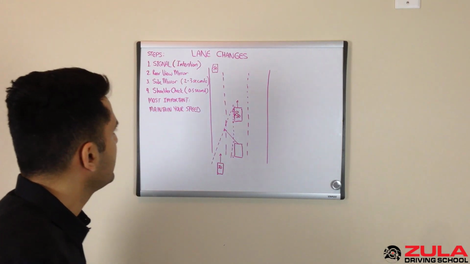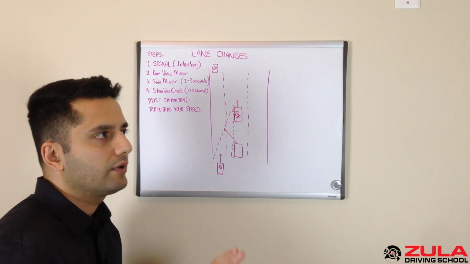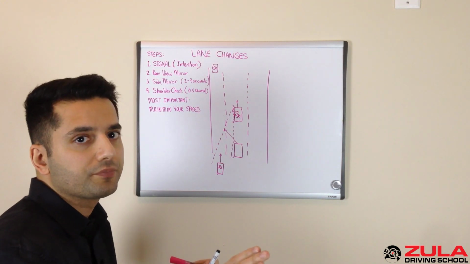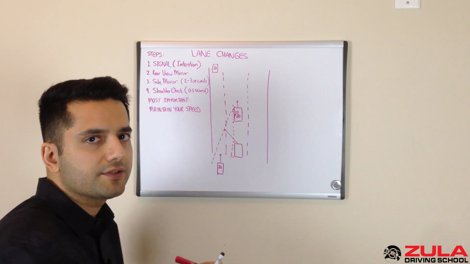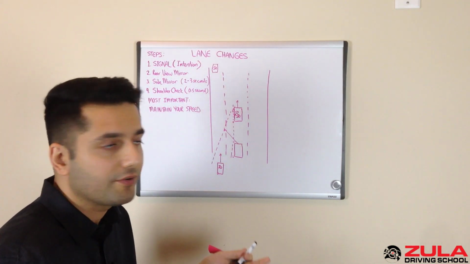And what I mean by that is it's very natural or normal for you, when you're doing your shoulder check or you're about to make your lane change, to move your foot from the accelerator over to the brake. It's fine, you're covering your brake just in case as you turn your head back there might be something in front of you.